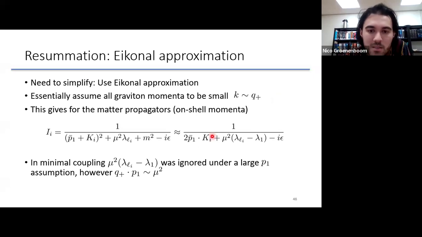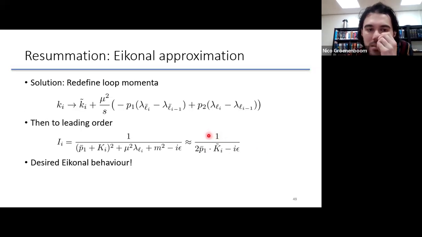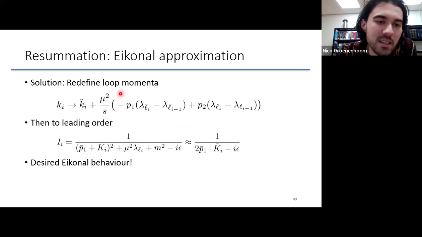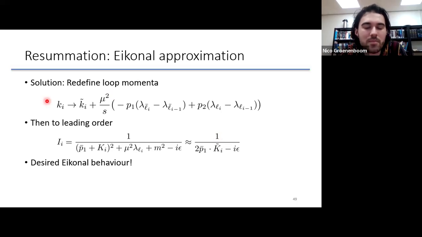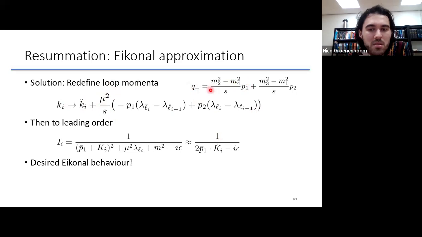So we want to carefully, in a precise way, see if we can remove the mass term. And the solution that we found was to redefine the loop momenta, so that they're not defined in a natural way with respect to the graviton propagators, but rather to the entirety of the diagram. So we shift them by some small amount that exactly resembles the Q plus, because there's a difference of all of the masses on either the top or the bottom.